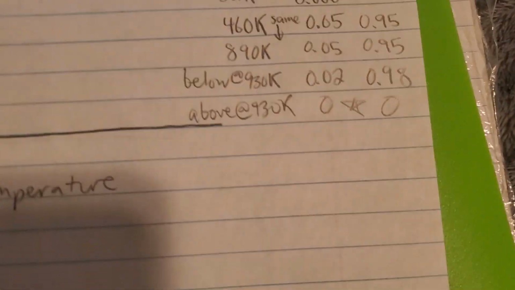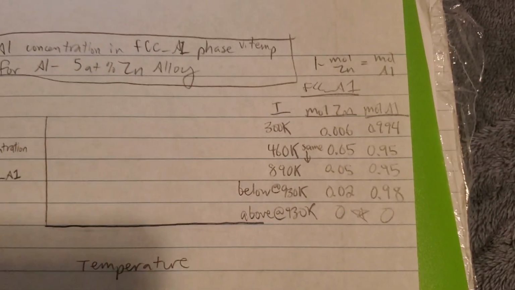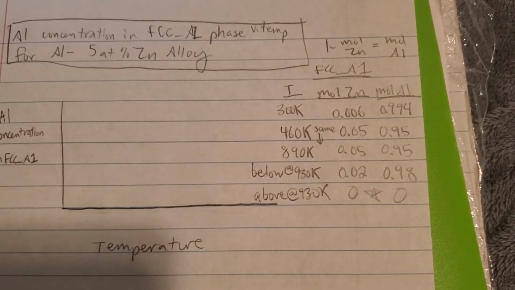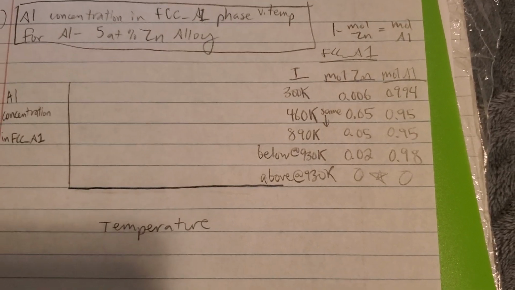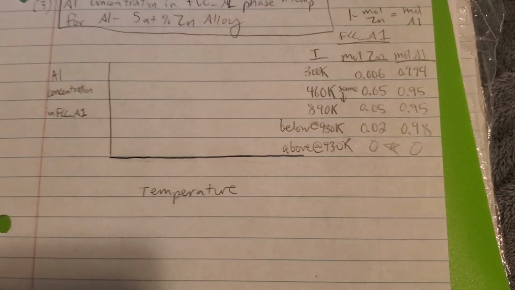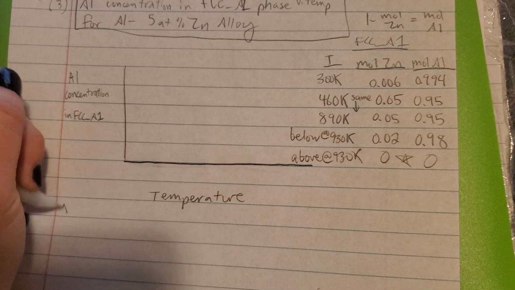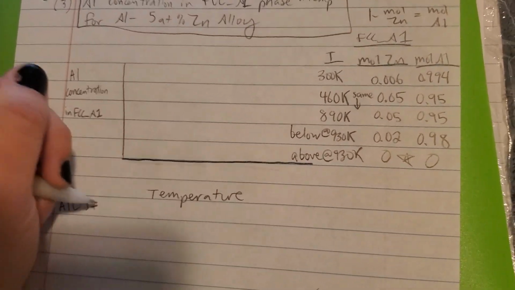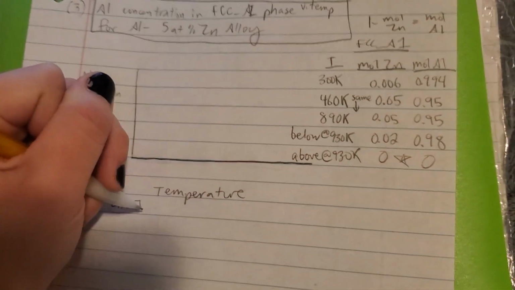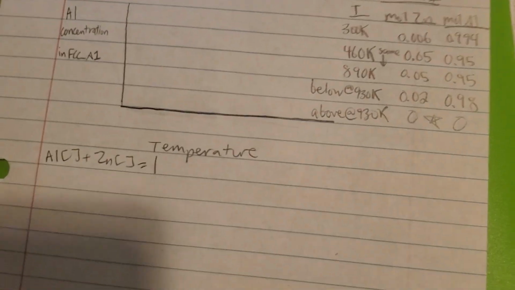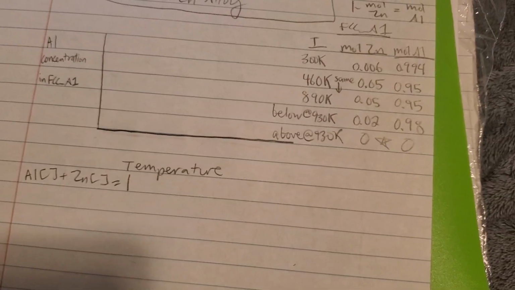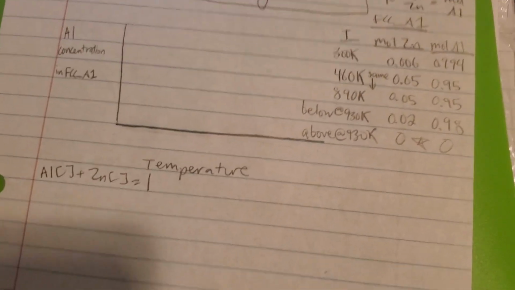So here we have our values of temperature and moles of aluminum, and this is assuming that concentration of Al plus the concentration of zinc is equal to 1. So that way our axes are in check.